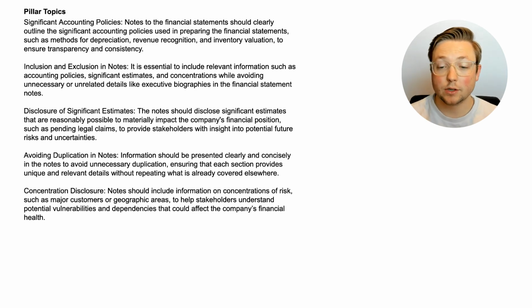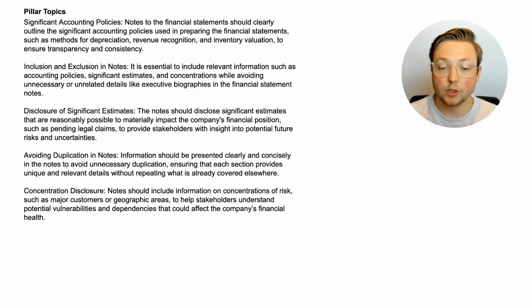Next, the notes should disclose significant estimates, again we kind of talked about that, that are reasonably possible to materially impact the company's financial position, such as pending legal claims, to provide stakeholders with insight into potential future risks and uncertainties. Next, information should be presented clearly and concisely in the notes to avoid unnecessary duplication, ensuring that each section provides unique and relevant details without repeating what is already covered elsewhere.